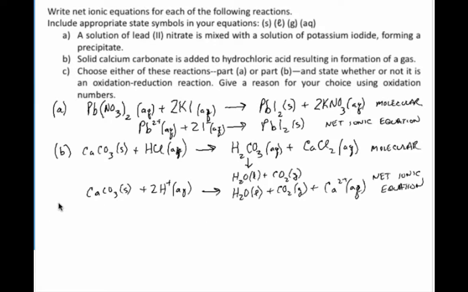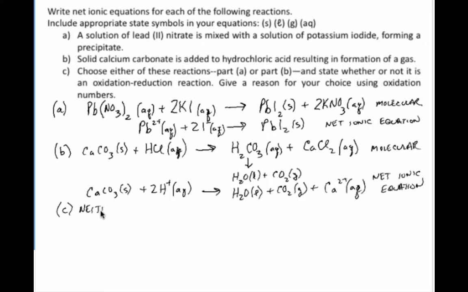Part C. Choose either of these reactions, Part A or Part B, and state whether or not it is an oxidation-reduction reaction and give a reason for your choice using oxidation numbers. Well, this was the type of question that could be posed, and it really didn't make any difference which reaction you chose because neither one of these is an oxidation reduction.